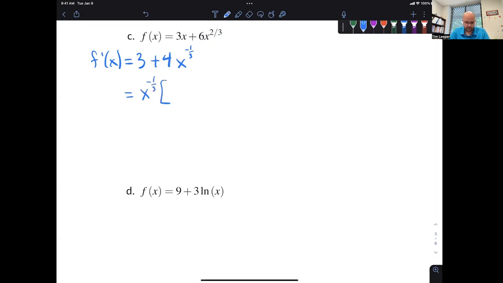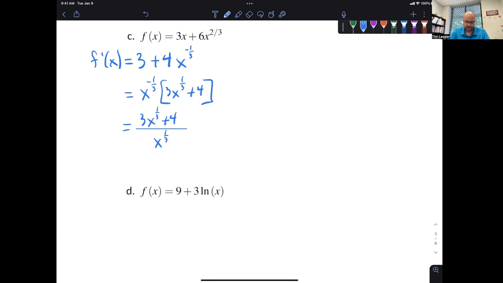And what's left over is 3x to the 1/3 power plus 4. And then the x to the negative 1/3 will go to the denominator. So it's going to give me 3x to the 1/3 plus 4, all over x to the 1/3 power.